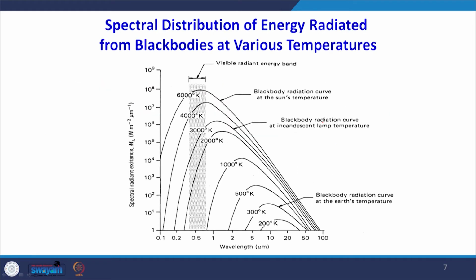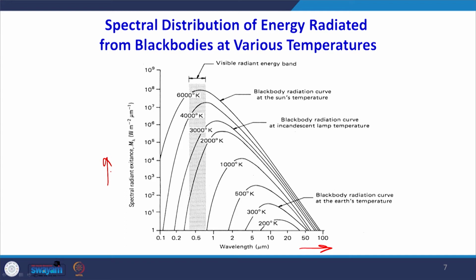Now, this is a very important diagram. It shows the wavelength on the x axis and spectral emittance on the y axis, and also a third parameter, which is the change in temperature. If we take an object, heat it up and change the temperature, what will happen to the amount of energy?